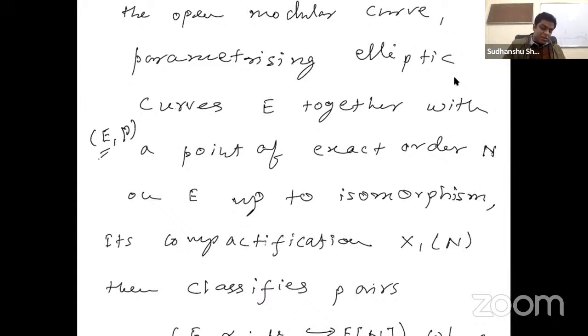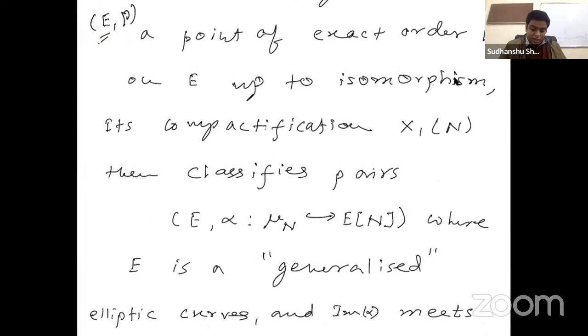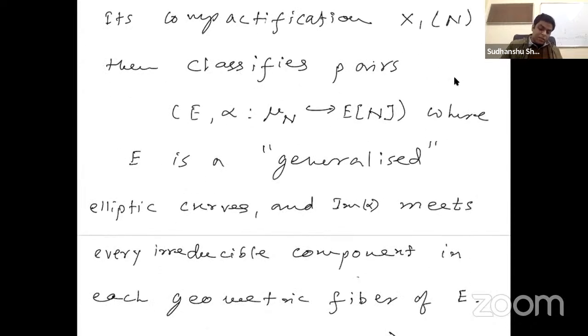They will be parameterizing these kinds of elliptic curves plus something additional, what are called generalized elliptic curves. They are also sometimes called n-gons. So the cusps will correspond to those additional curves. They are not actually elliptic curves, but something different, and usually the term for them is generalized elliptic curves.